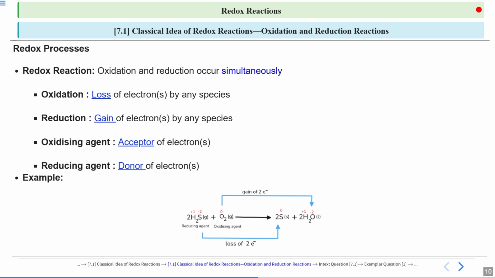We can find it with the help of oxidation numbers. In hydrogen sulfide, you will find the oxidation state of hydrogen as +1 and sulfur as -2, while oxygen is 0 and sulfur is 0 in the product, and hydrogen is +1 and oxygen is -2.